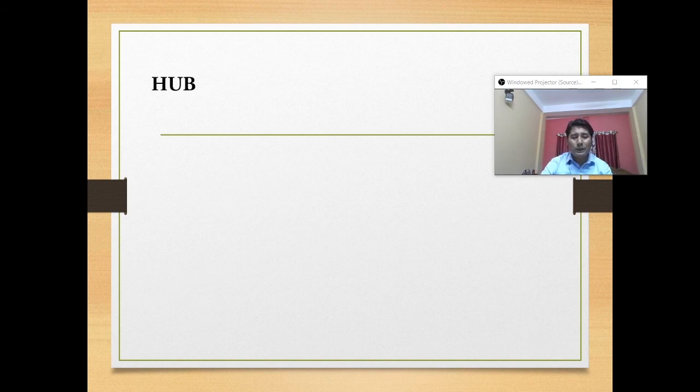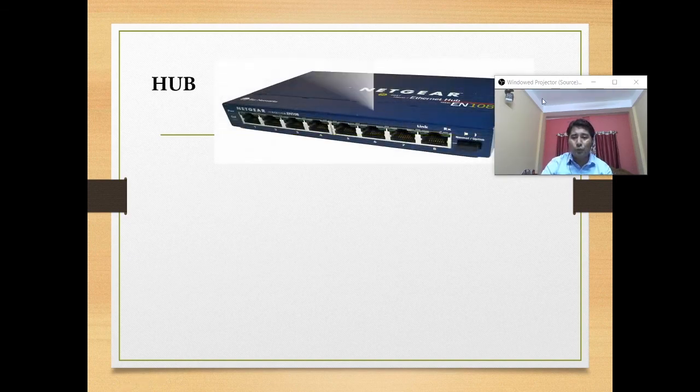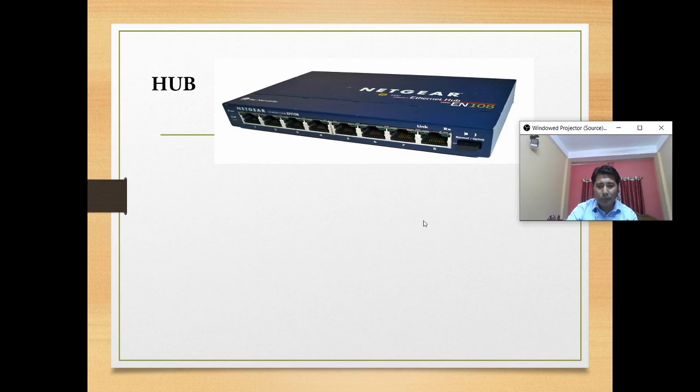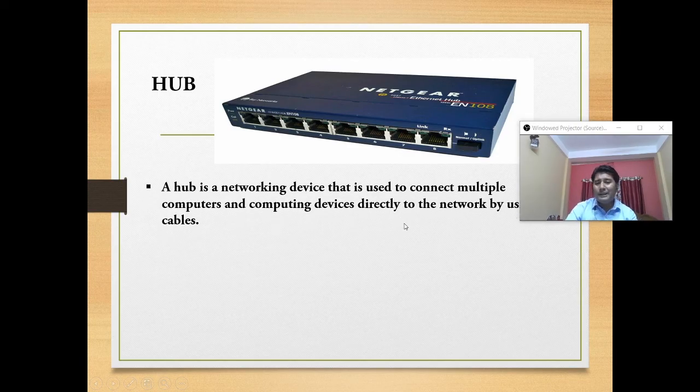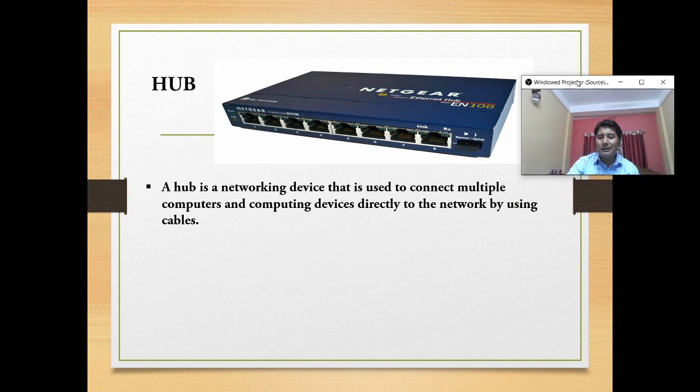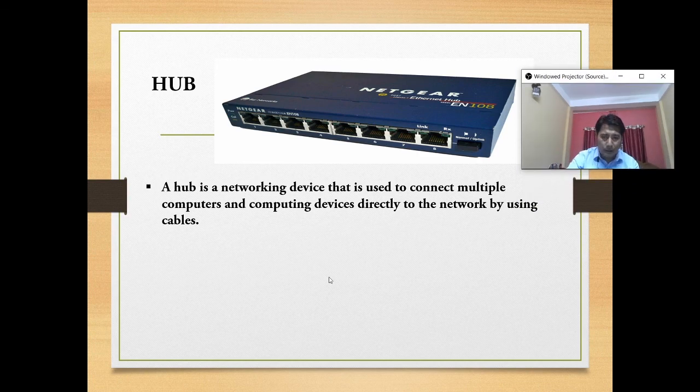Now the next one is a hub. So this is the figure of a hub. Now a hub is a networking device, and it is used to connect multiple computers and computing devices directly to the network by using a cable.